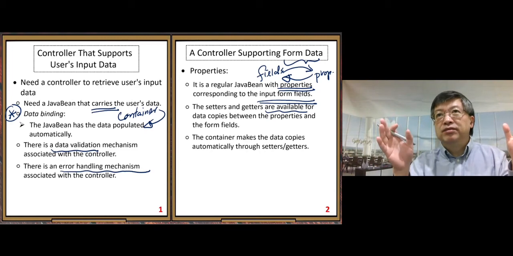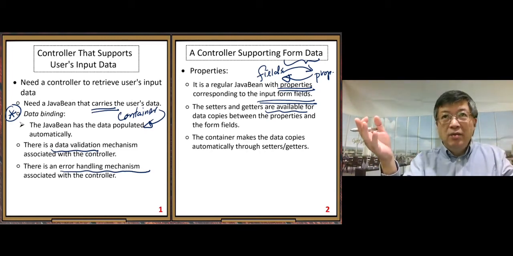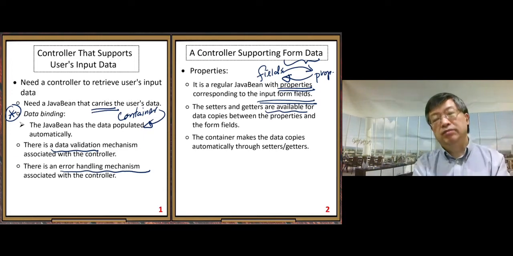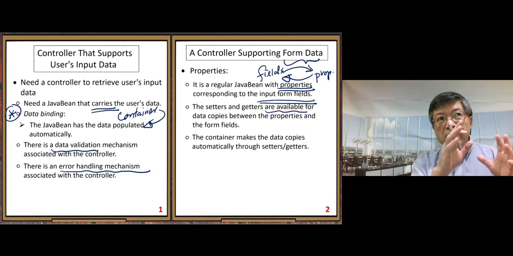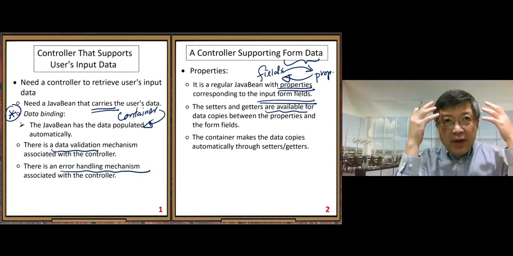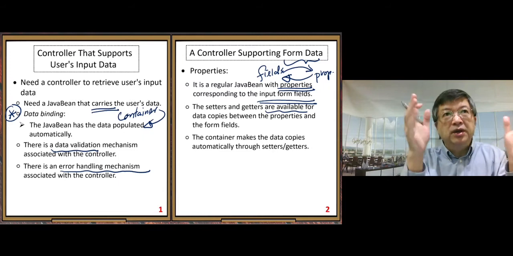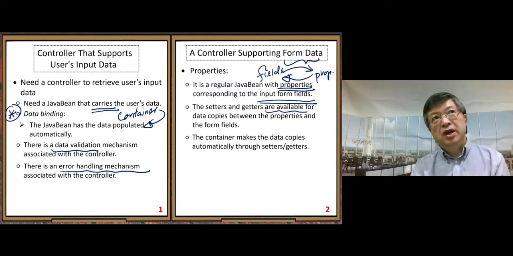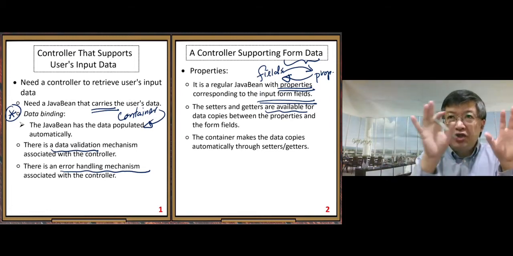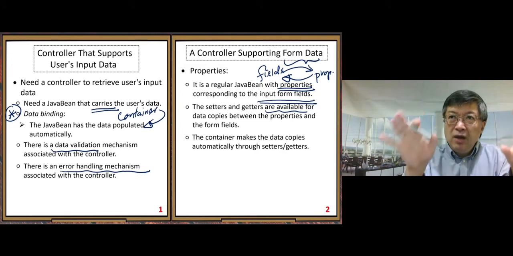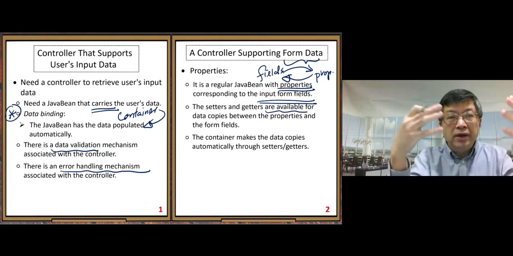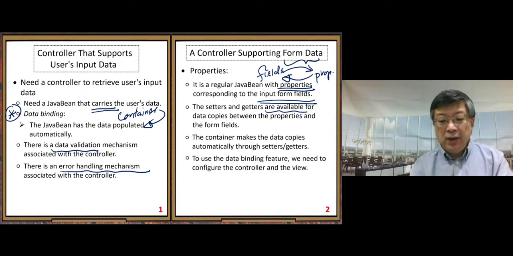Behind the scenes, you cannot see it, but we know this kind of data copy will happen. And we do the configuration to help the container do the data copies. So later you will see we have to do configurations in many different places such that the data binding, the data copy, can be implemented correctly.